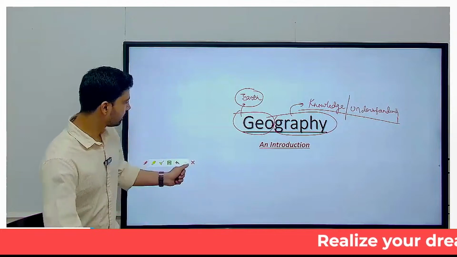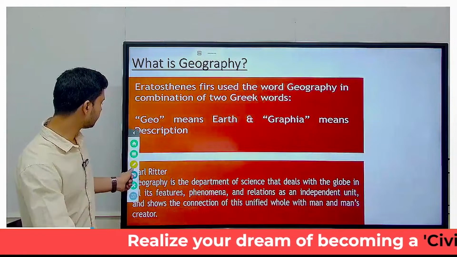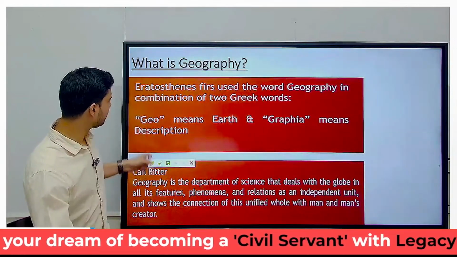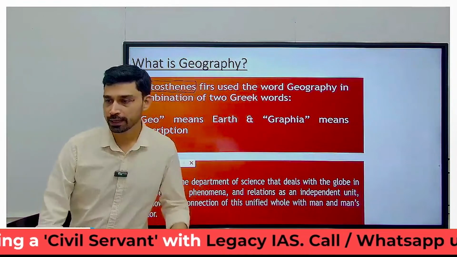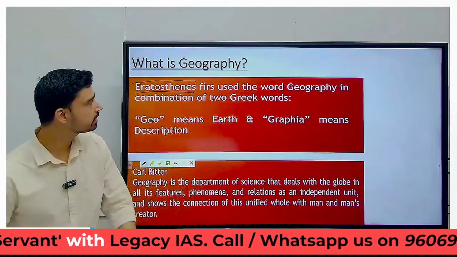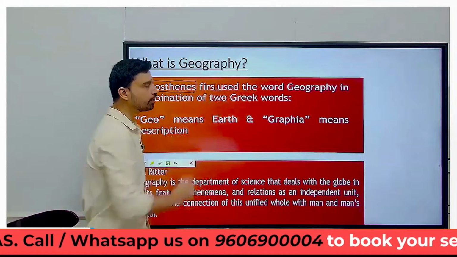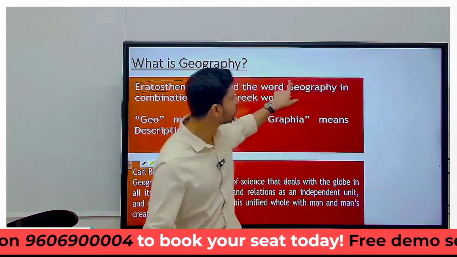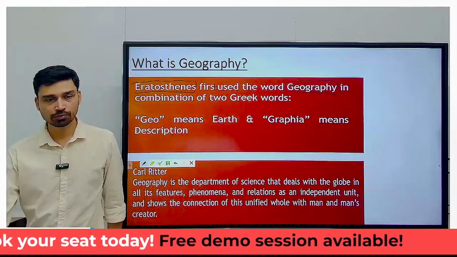So in this regard, if you look at the father of geography, there's a person, he was a Greek philosopher by the name of Eratosthenes. Okay, he is considered as the father of geography, and it is believed that he was the first person who coined the term geography, or who used the term geography to classify it as a separate branch of science.